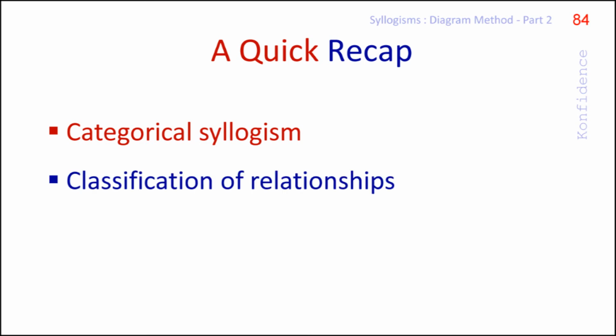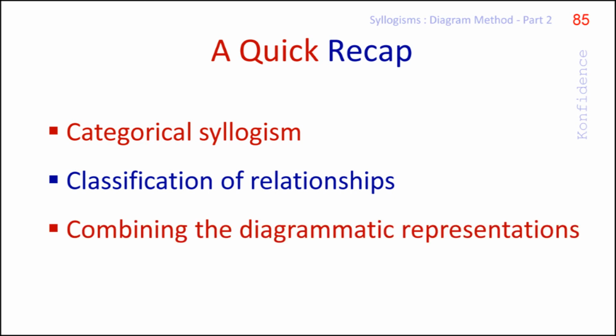We looked at the classification of relationships into four categories, namely universal affirmative, particular affirmative, universal negative, and particular negative, based on the qualifiers used, and then understood the typical characteristics of their diagrammatic representations. We saw how to combine the diagrammatic representations to validate and identify the relationships between non-related sets.